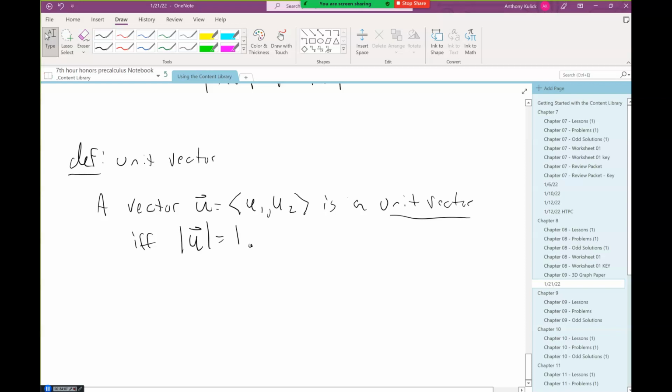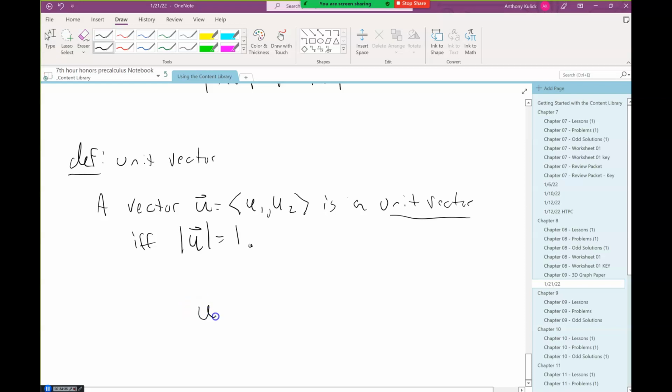So how many unit vectors are there then? You already know the answer to this. You just don't know you know the answer. How many unit vectors do you suppose we have here? Lily. Infinite is the correct answer.